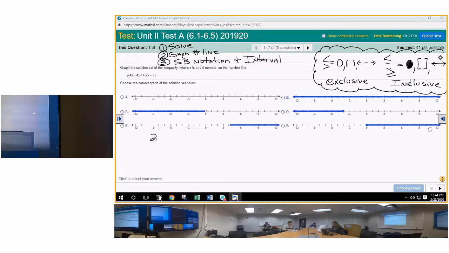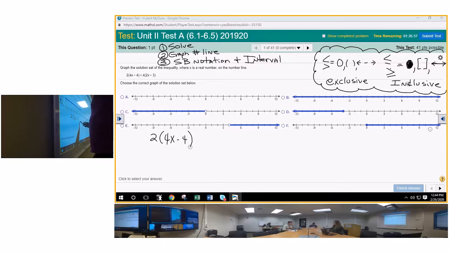2 times 4x minus 4 is less than 4 times 2x minus 3. And you distribute just like you've been doing.